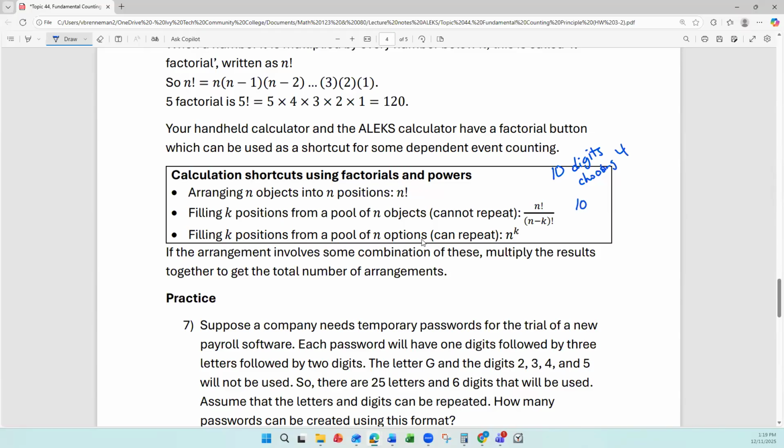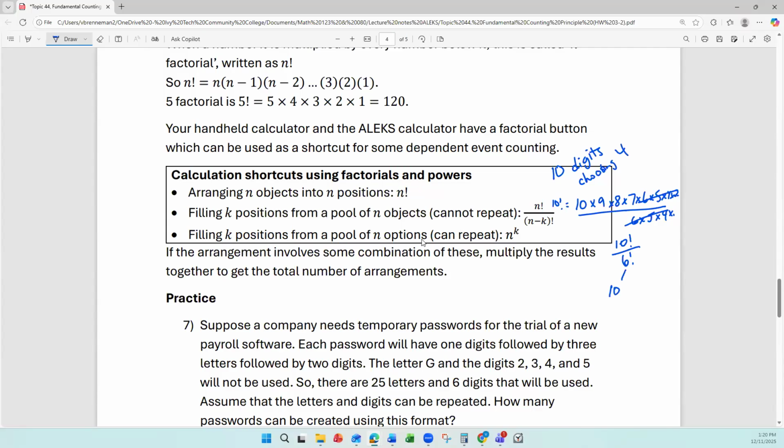Then that would be 10 factorial, which would be 10 times 9 times 8 times 7 times 6 times 5 times 4 times etc. But we only want the first 4, so we're going to divide that by the 6 to get rid of those. So we're taking 10 factorial divided by 6 factorial.